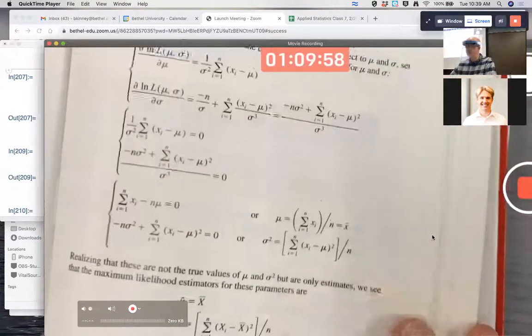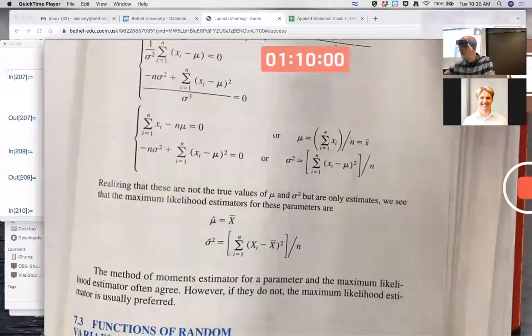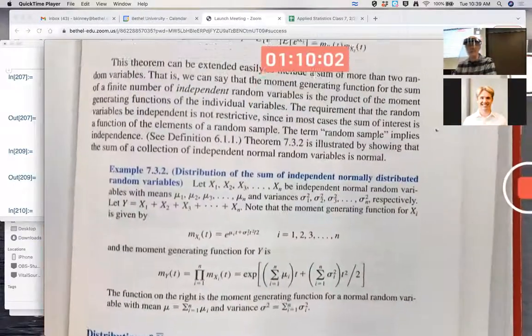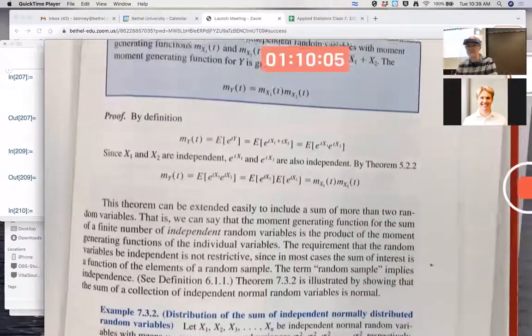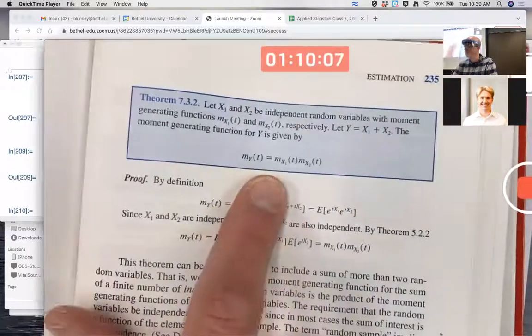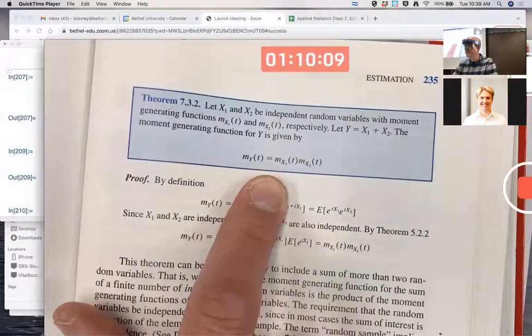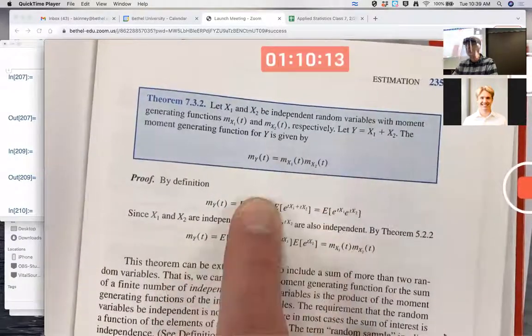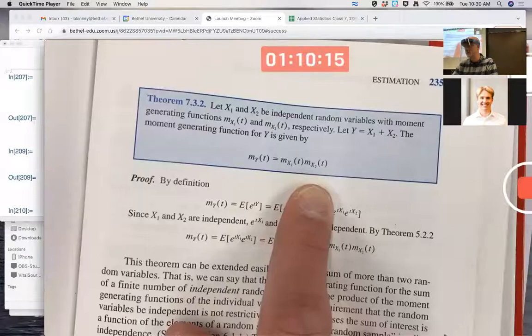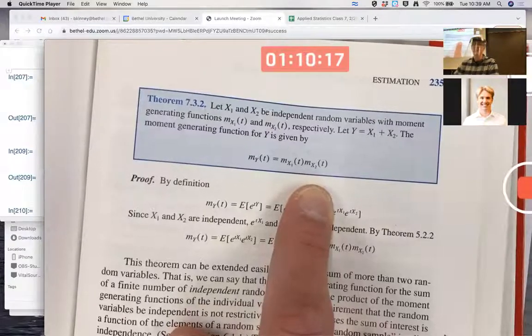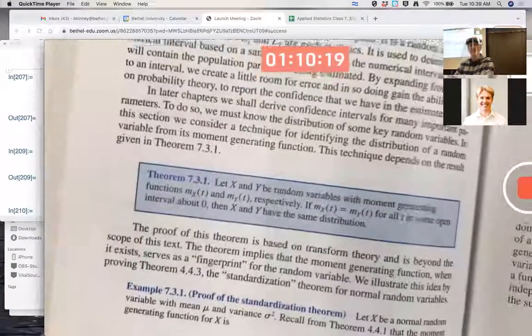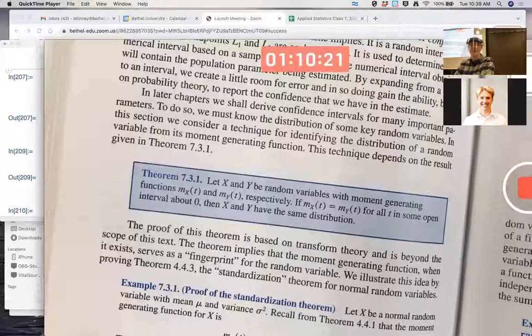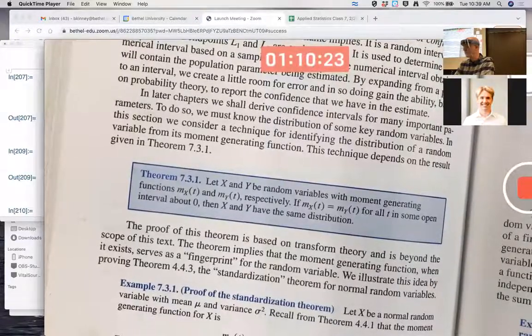Also gets into some pretty important stuff related to finding distributions of sums of random variables, for example, this theorem. To find the moment generating function of the sum of two independent random variables, you multiply their moment generating functions. And you may remember from problem stats that when you combine that theorem with the fingerprint theorem, it allows you to identify distributions of random variables.